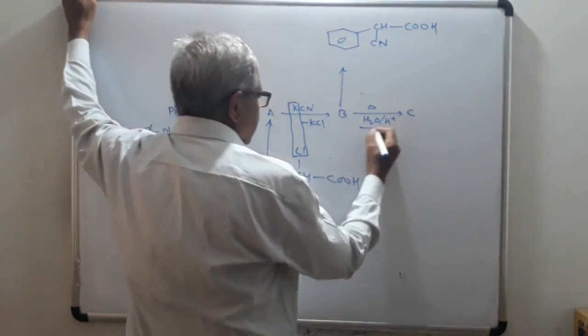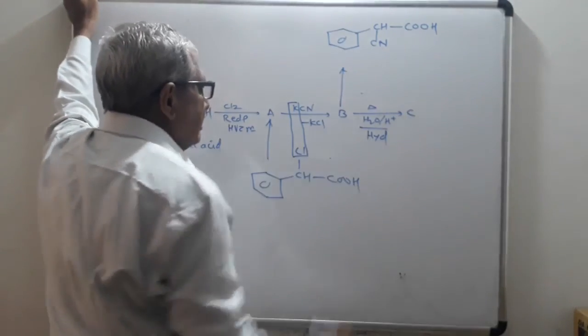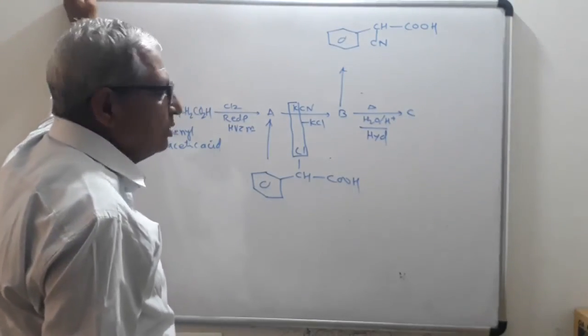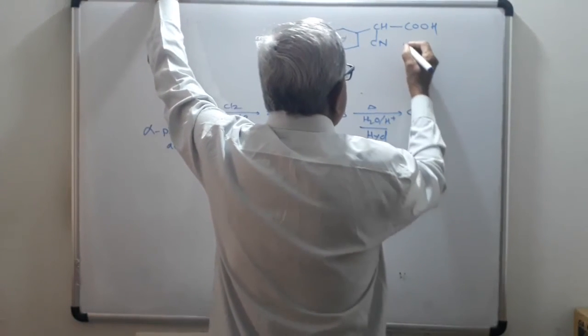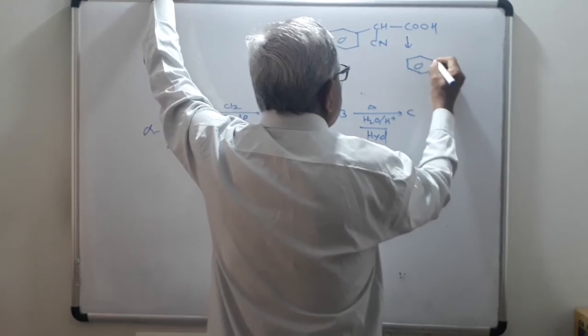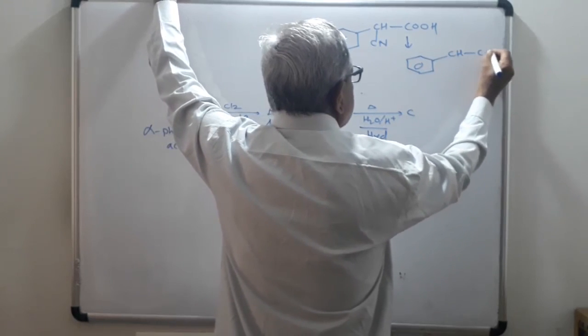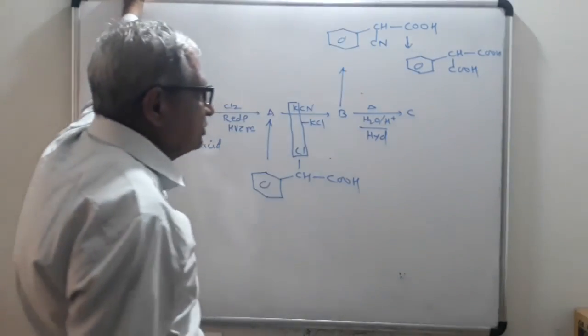The name of the reaction is a hydrolysis reaction. During this hydrolysis reaction, CN is converted to COOH. Therefore, you will get the first intermediate structure: benzene ring, CH, COOH, COOH. This is a dicarboxylic acid.